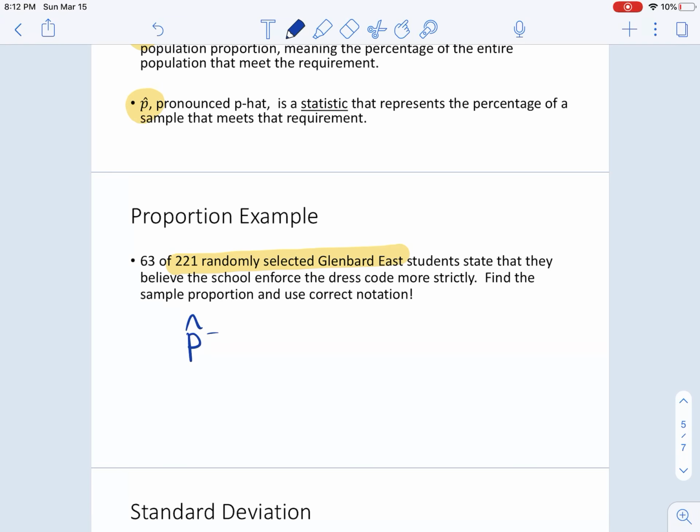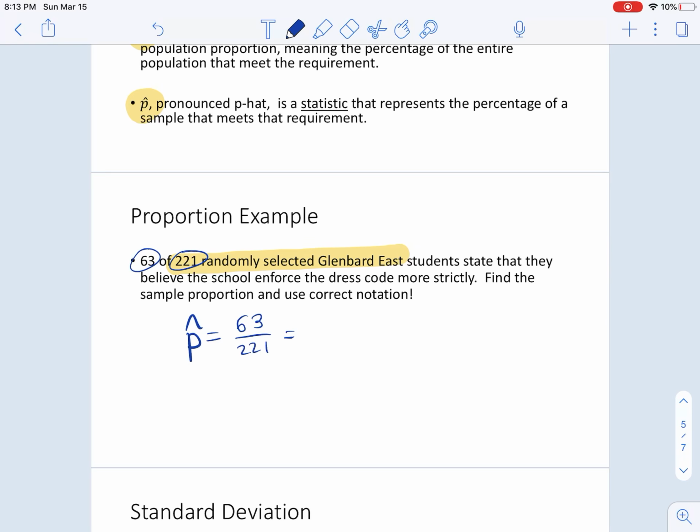How we're going to calculate this is we're going to put the number of people that meet the requirement out of the total number of people. So p hat is going to equal 63 divided by 221. It's actually a really simple calculation. 63 out of the 221 think that Glenbard East should more strictly enforce the dress code.